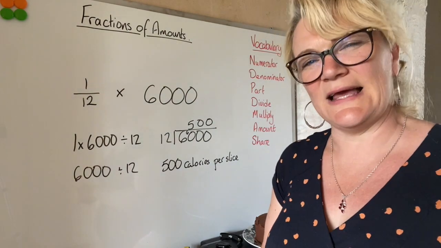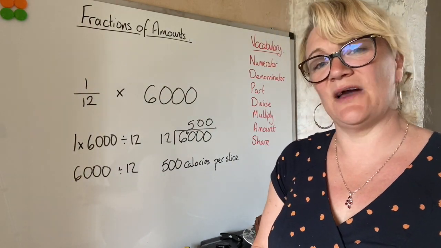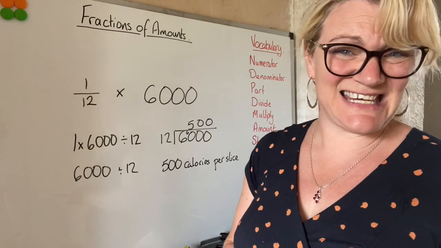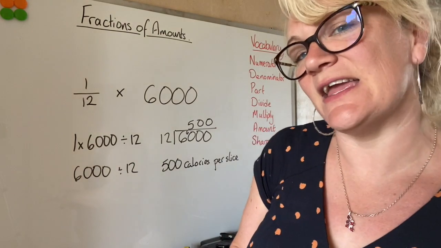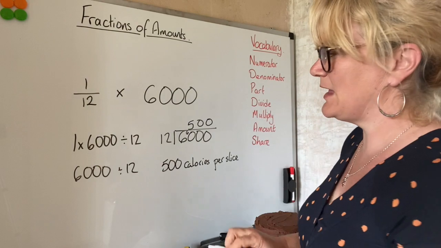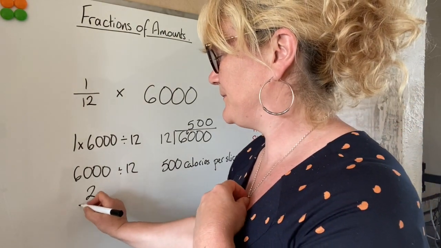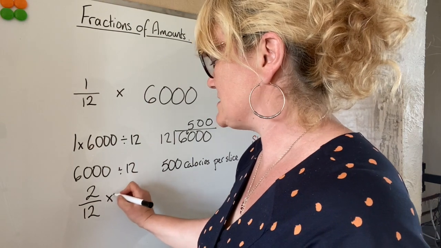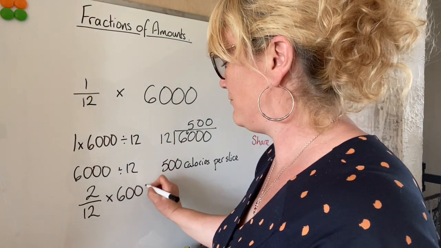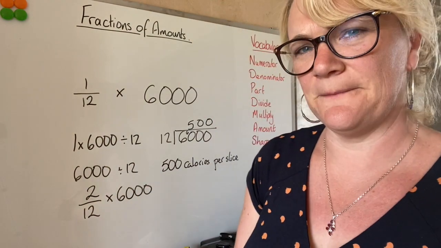It is going to be really yummy though. I wonder how many calories that would be if I sneakily had another piece of cake, because I do love cake. I wonder what 2/12 of 6,000 is. Remember, in maths we put times, don't we?